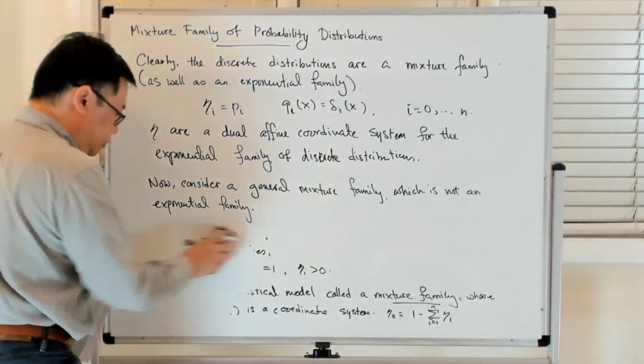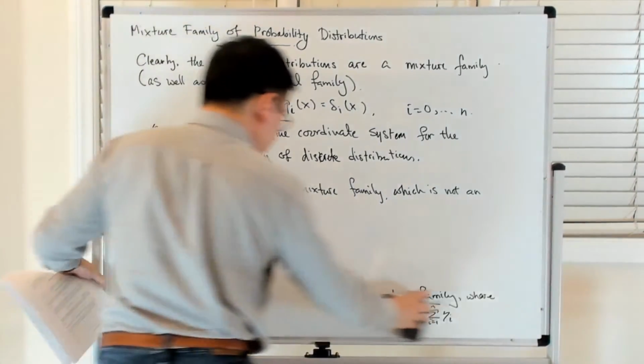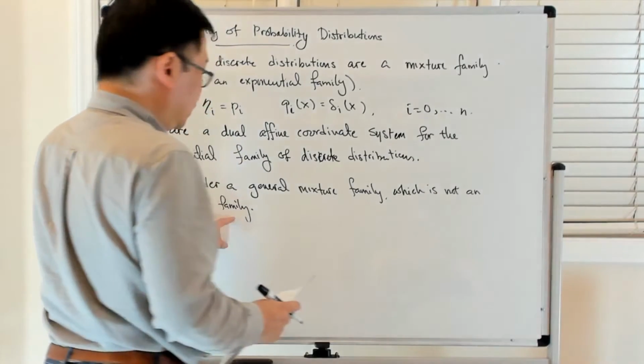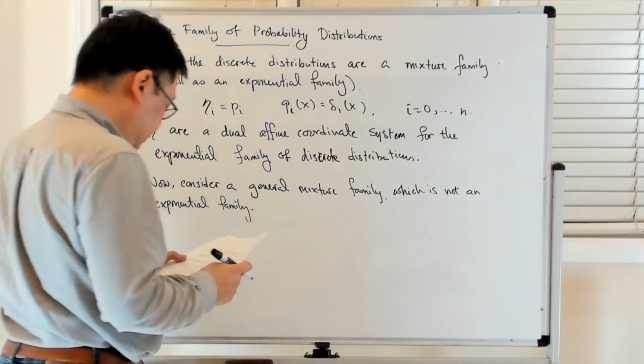So in that situation, it turns out that the negative entropy is still a convex function on this coordinate system.